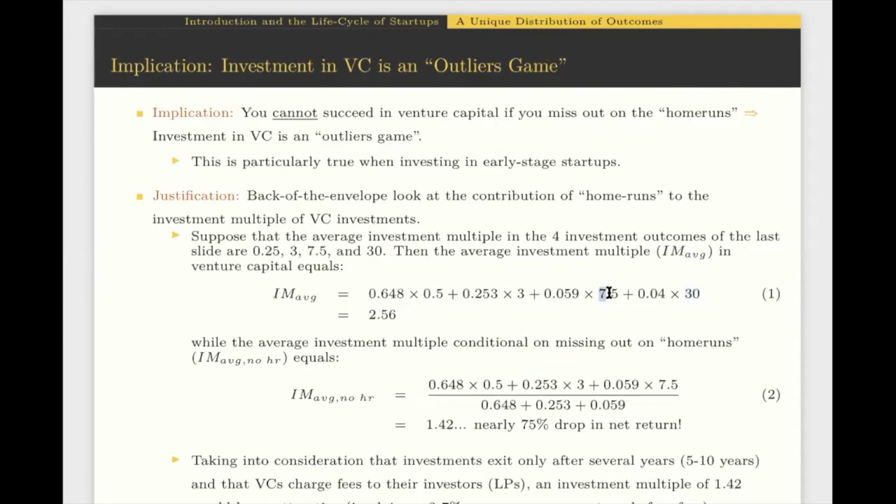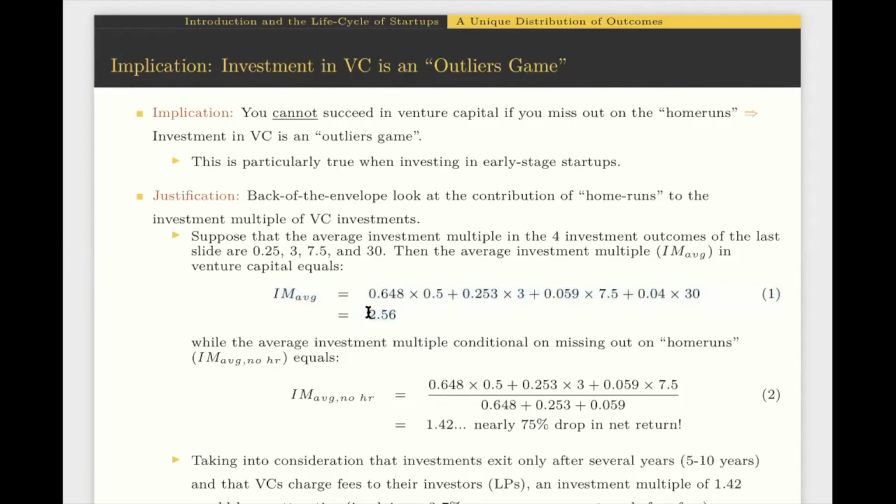These are in line with data that I was able to get access to from other VC investment databases. Given those assumptions, what would be the average investment multiple for the overall VC sector? Well, 65% of VC investments generate an investment multiple of 0.5, 25.3% generate on average 3, 5.9% on average 7.5, and 4% on average generate 30.